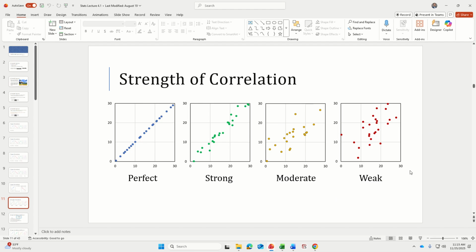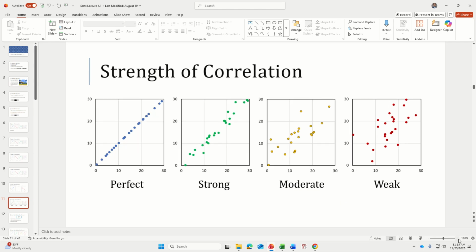Then we have the strength of correlation. If all of the dots exactly landed on the line, so there's no noise, there's no measurement uncertainty, there's no error term in our model, that's what we would call a perfect correlation.